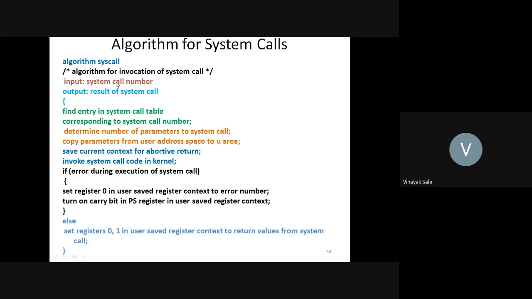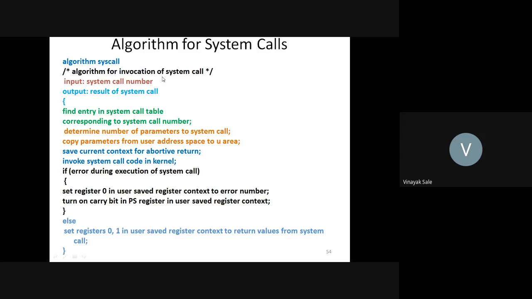See, this is algorithm syscall, that is system call. Algorithm for invocation of system call: input, system call number; output, result of system call.